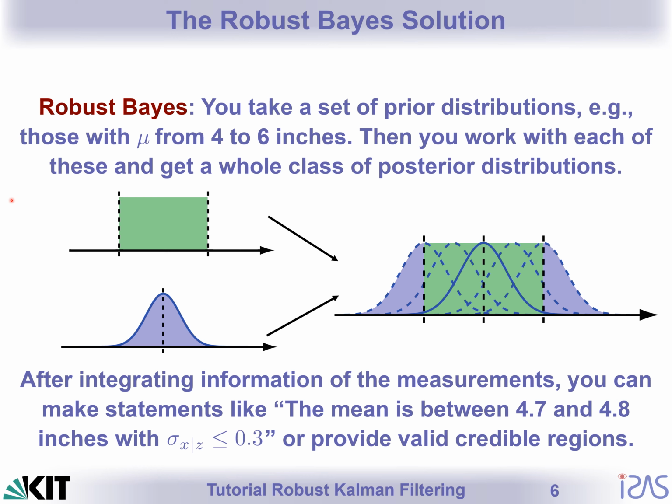What you can do is say that based on the measurements you've gotten, the mean is between 4.7 and 4.8 inches with some credibility. You can get these posterior sigma values of your posterior densities, which help you provide a valid credible region.